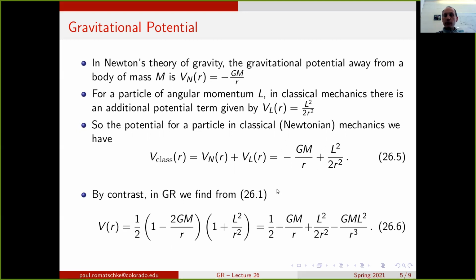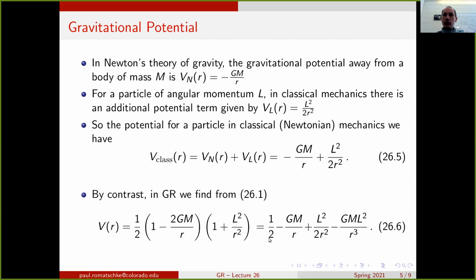There's the gravitational potential part in Newtonian gravity, which we recover here in the full GR equations of motion. There is the angular momentum part, which is also the same in both the classical and the GR theory. The difference that we find in the GR potential is first there's an overall constant. It will turn out that the constant does not matter for considering orbits because we will take the derivative of the potential.